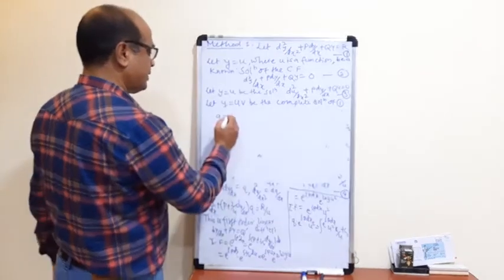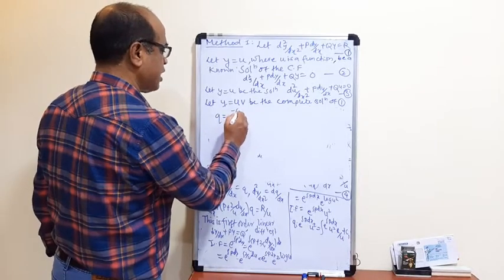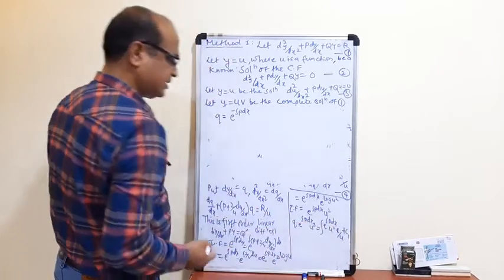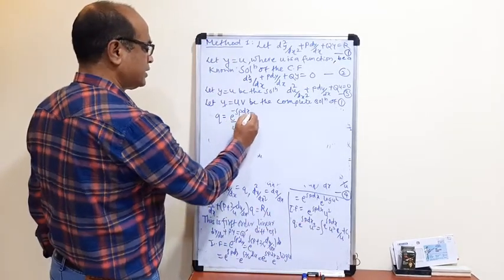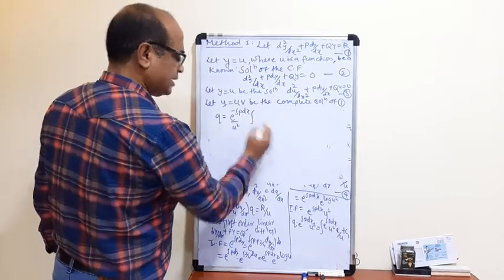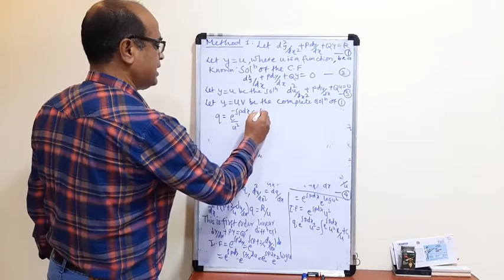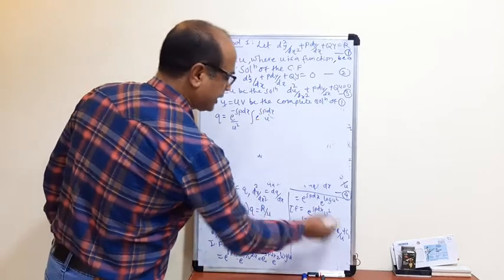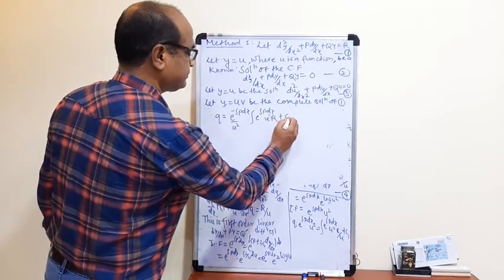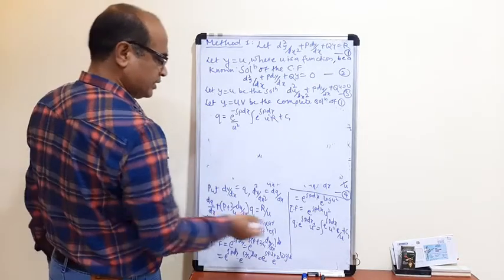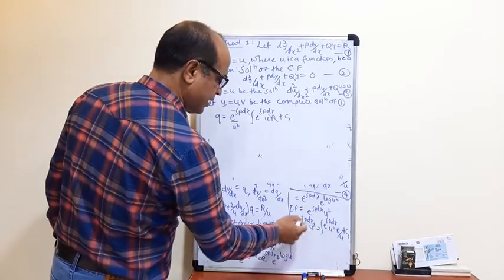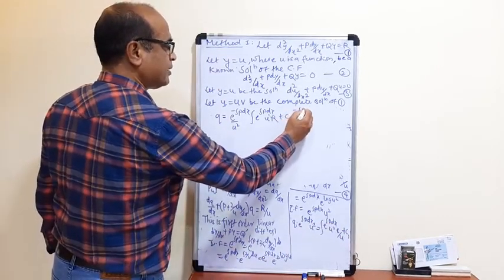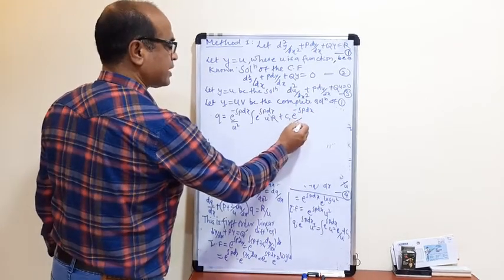So e raised to minus the integration of p dx, dividing, so that is upon u square, equal to the integration of e raised to the integration of p dx, u square, u gets cancelled, so that is r, plus c1. So dividing this term here, that is e raised to minus the integration of p dx divided by u square.